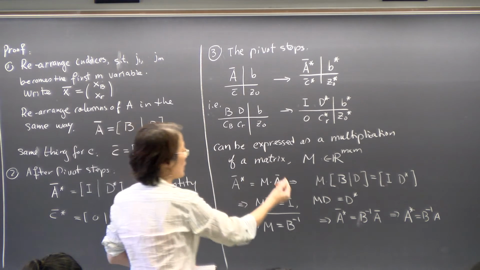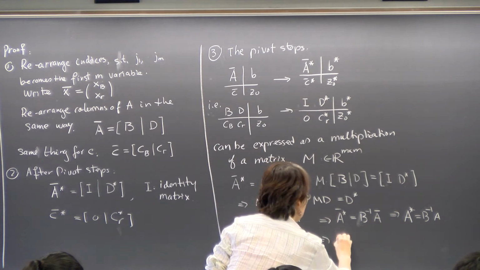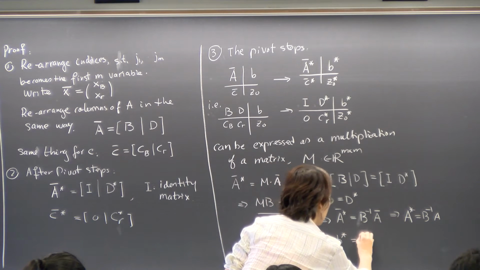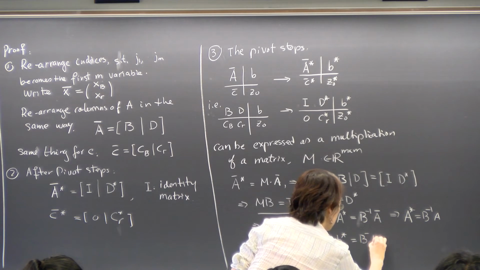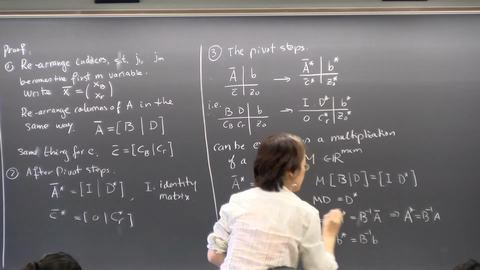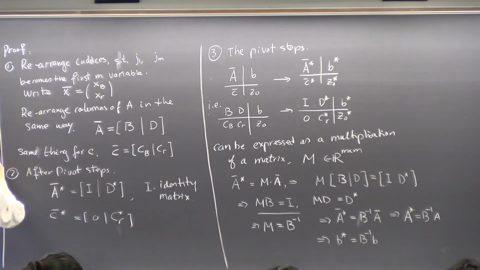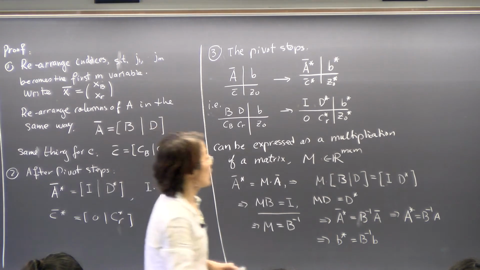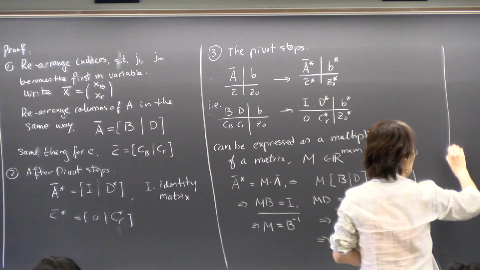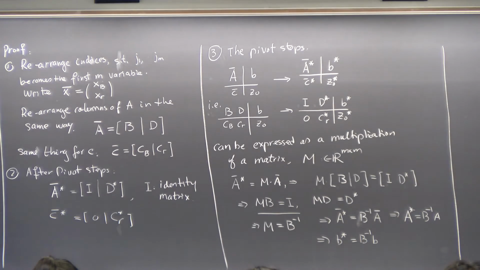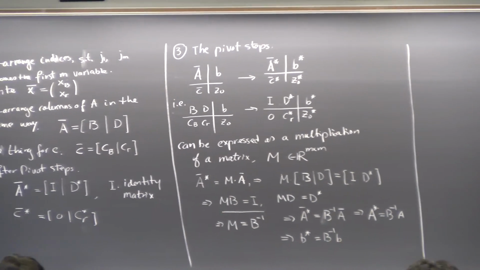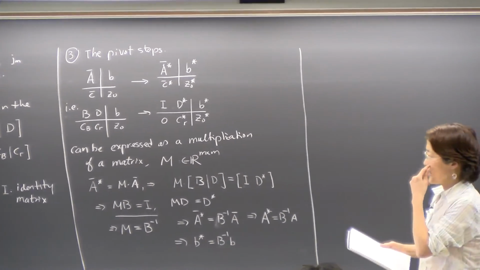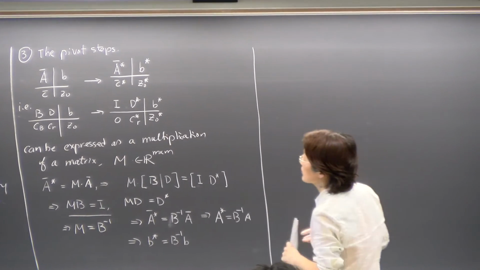And then you multiply the right-hand side, and then you get B star equals B inverse of B. Okay? So this one actually follows immediately. So we have the first part proved. Now we need to nail down those C and Z naught.